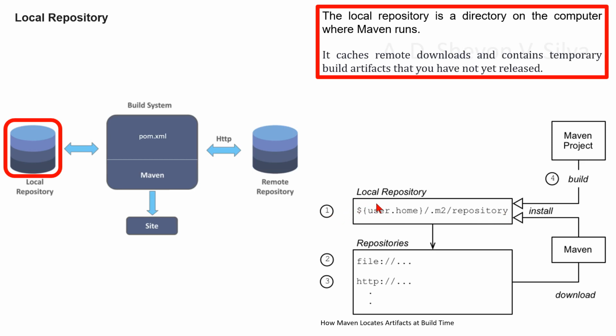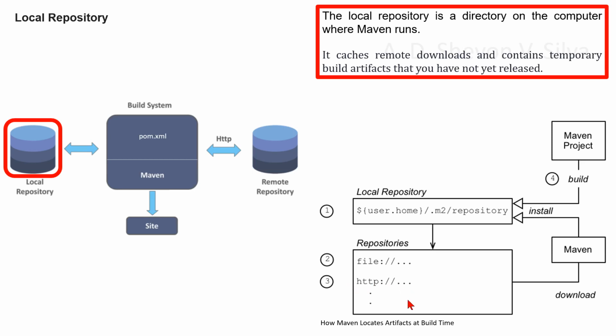Here you can see a local repository, at $user.home/.m2/repository. In step 1, the local repository interacts with repositories. In step 2, file://. In step 3, http://.